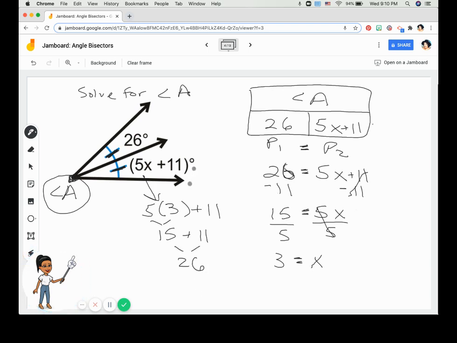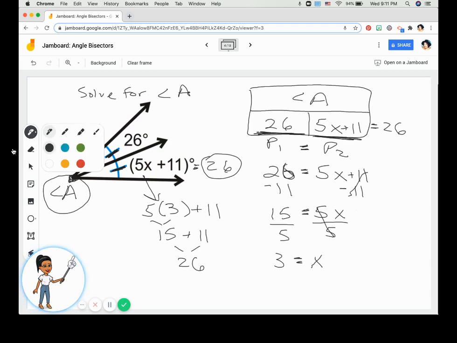Now, some of you guys think right now that I shouldn't have done all of this work, because I know that if part 1 is 26, then part 2 also is 26. And so when I add part 1 and part 2 together, my answer should give me angle A, which is 52.